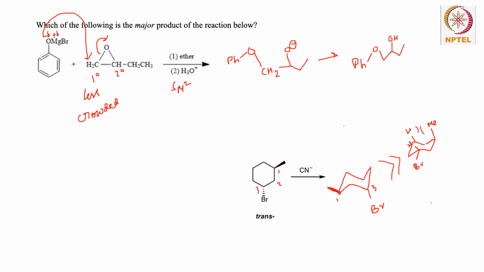So if you think about the structure, CN minus will come from the above side, and this will get removed. So the product will be CN.